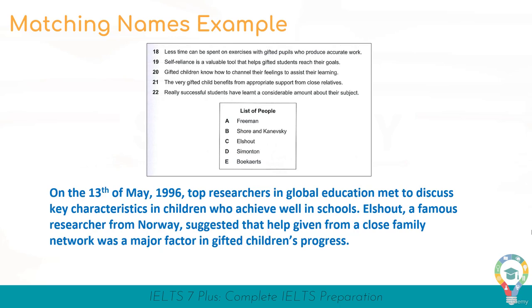So before we go on to match the name with the statement, it's worth saying that the passage here is obviously a lot shorter than what you will see in your IELTS reading test. So going back to the short example passage, we can see the name Elshout, a famous researcher from Norway. He suggests that help given from a family network helps children progress.